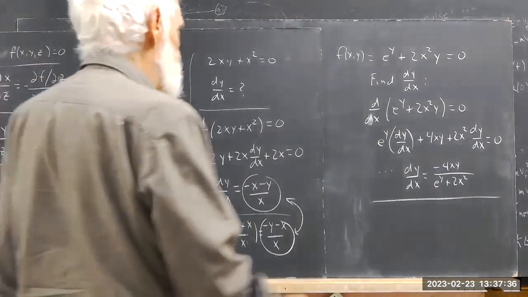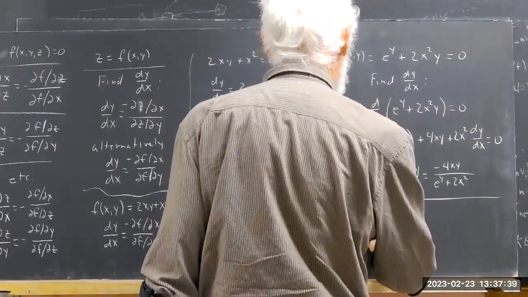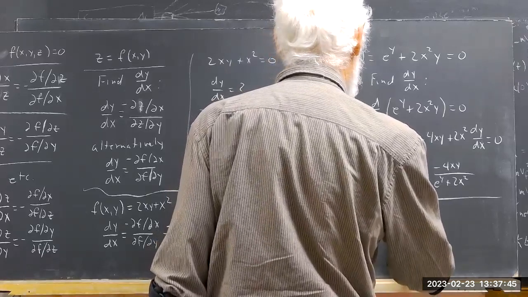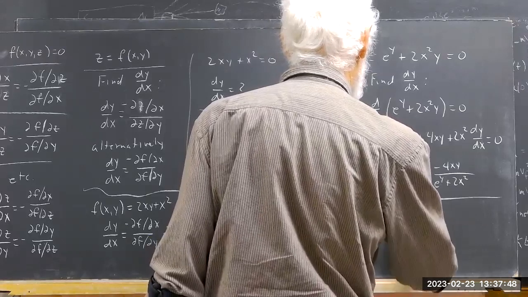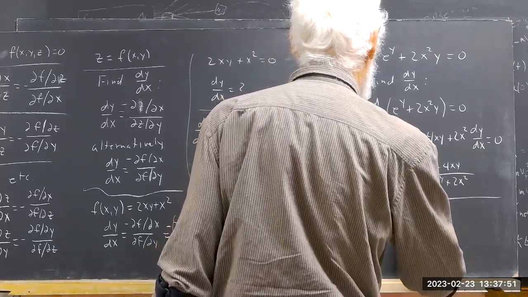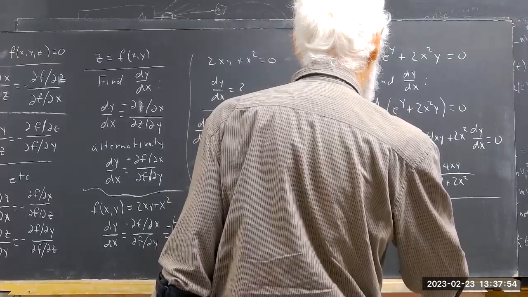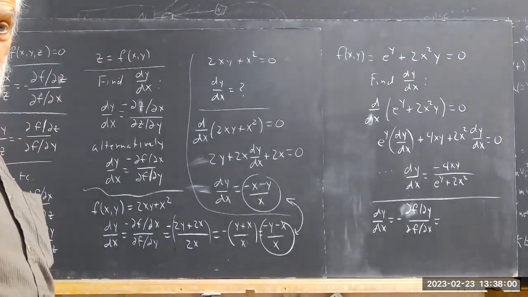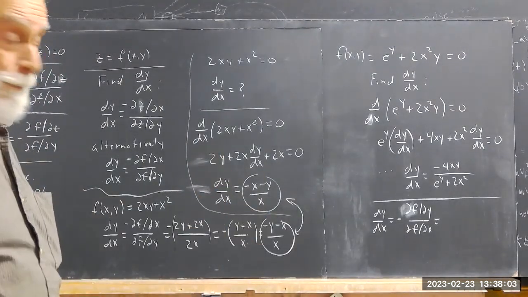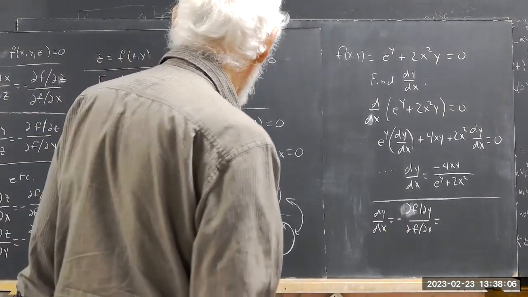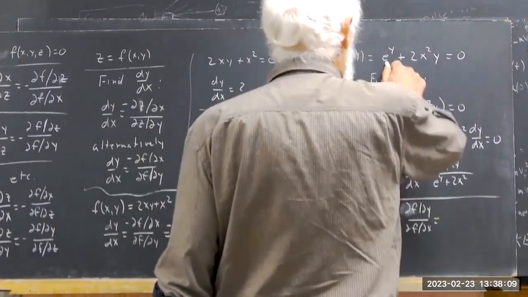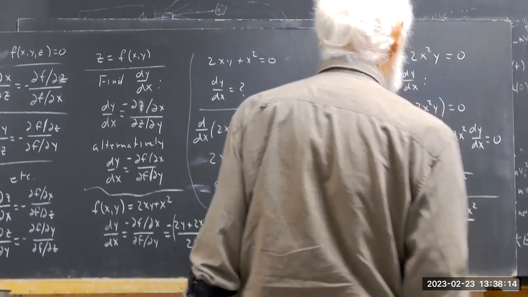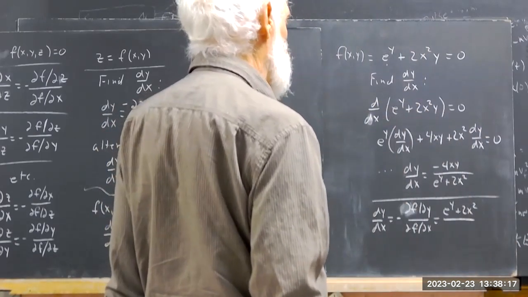Alternatively, we got this form with a negative sign in there for some mysterious reason. It comes out if we try to prove it. And we're going to see that it works in this case. Partial f with respect to y is e to the y plus 2x squared. And what am I doing?